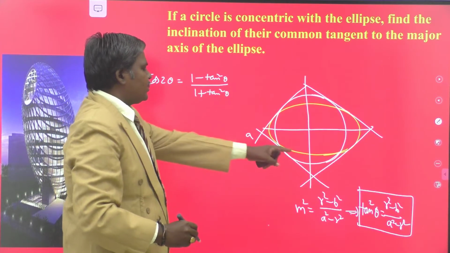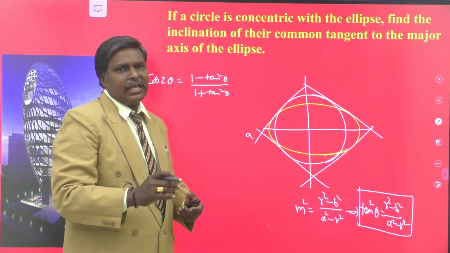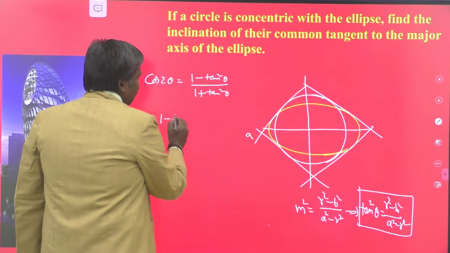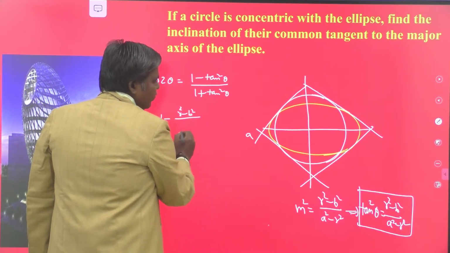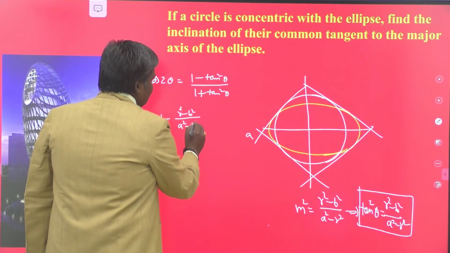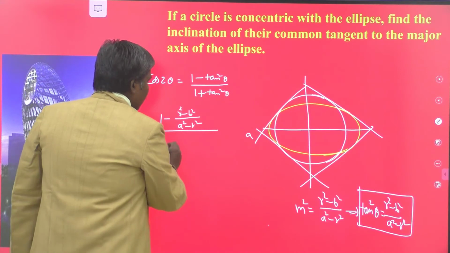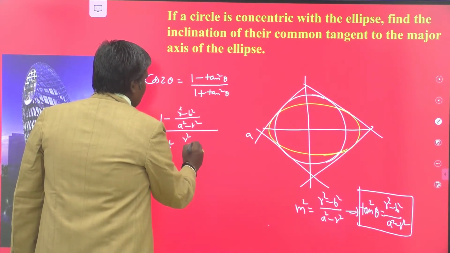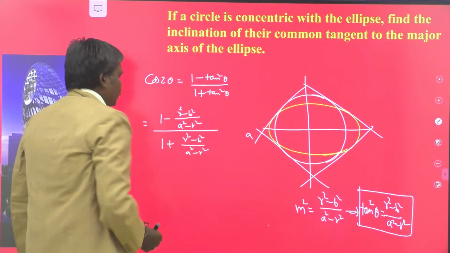So substitute tan square theta here itself and then find theta in terms of cos inverse. That is equal to 1 minus tan square theta, which means 1 minus (r square minus b square) by (a square minus r square), whole divided by 1 plus tan square theta, which means 1 plus (r square minus b square) by (a square minus r square).